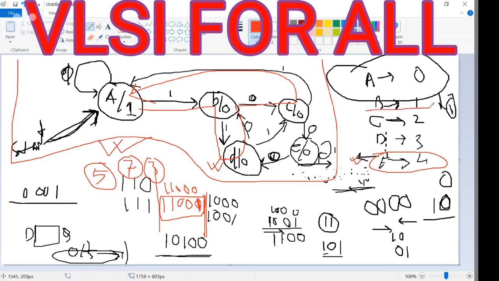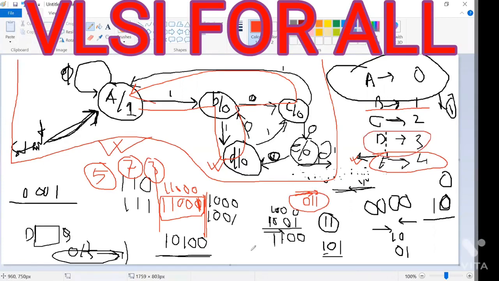So if your remainder is 1 and you get another 1, let's consider an example. Let's say your remainder is 1, so 0, 1 means remainder is 1. If you get another 1, then this value in decimal is 3. So 3 divided by 5 has remainder 3. Remainder 3 means state D. That's why we have moved to state D.